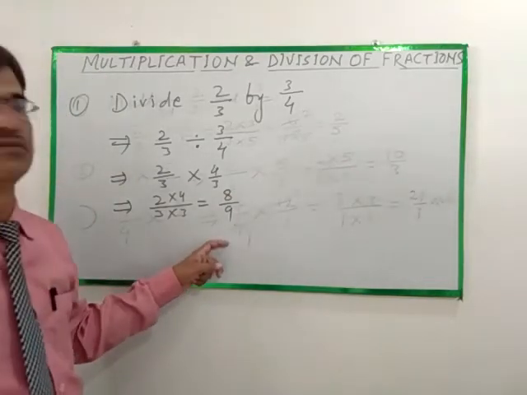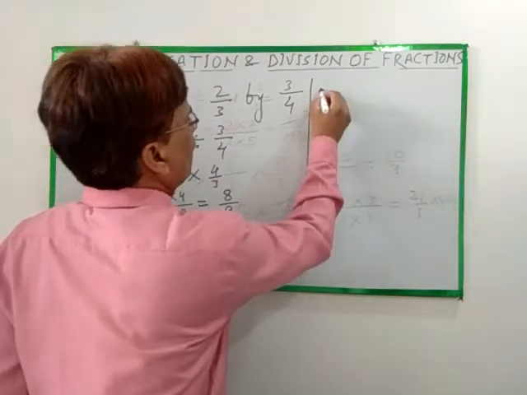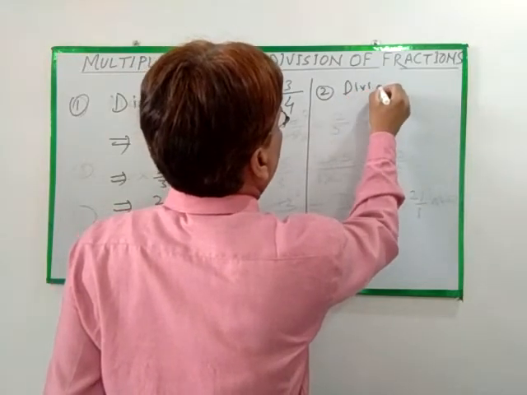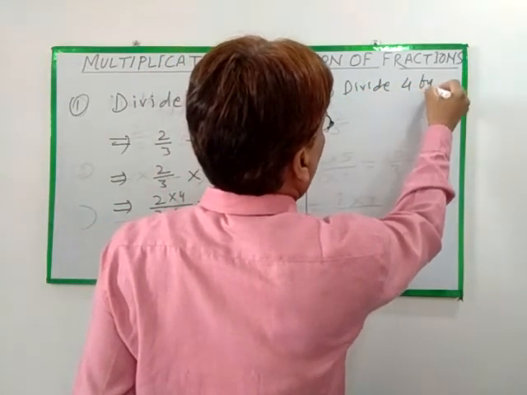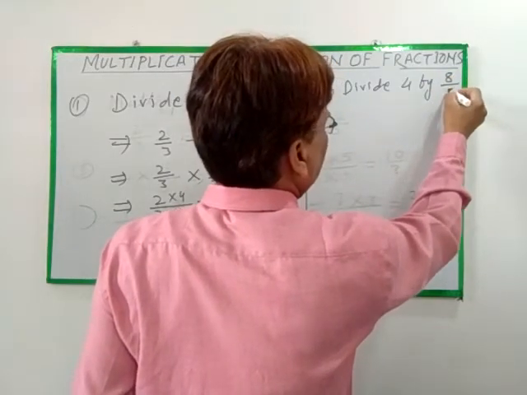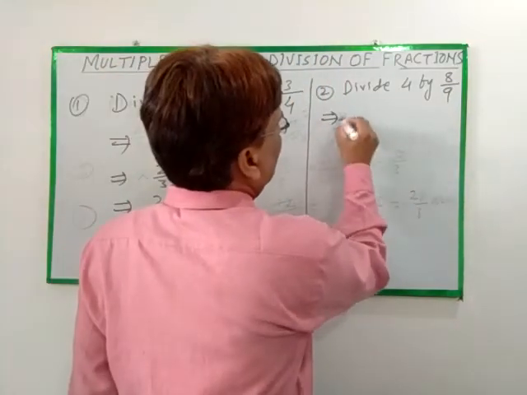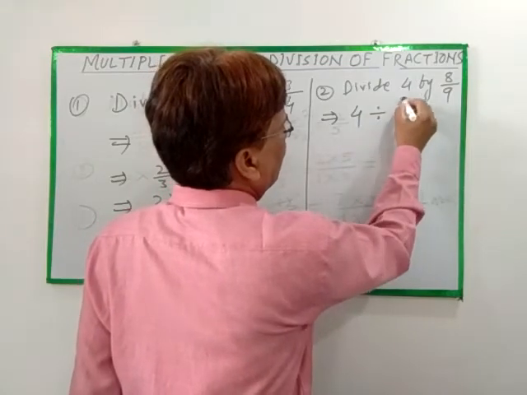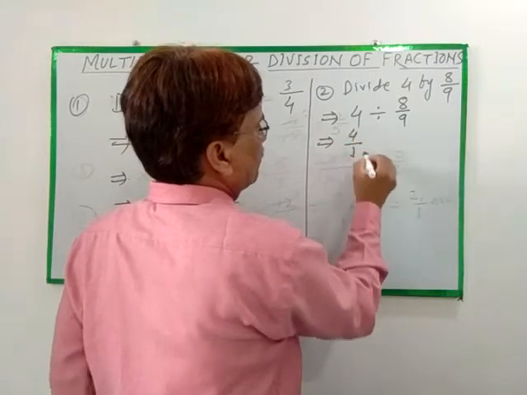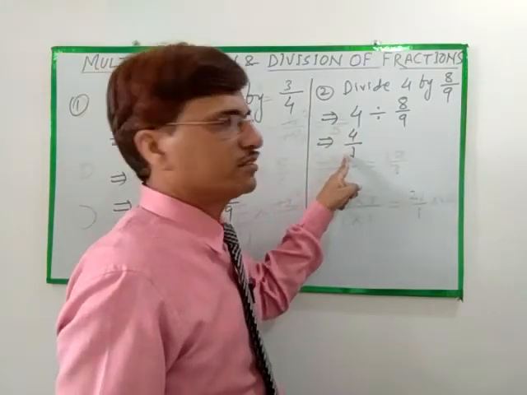Okay. Now, second example. Divide 4 by 8 upon 9. Okay. 4 divided by 8 upon 9. 4 upon 1. 4 is a natural number, so we have to convert it into a fraction.